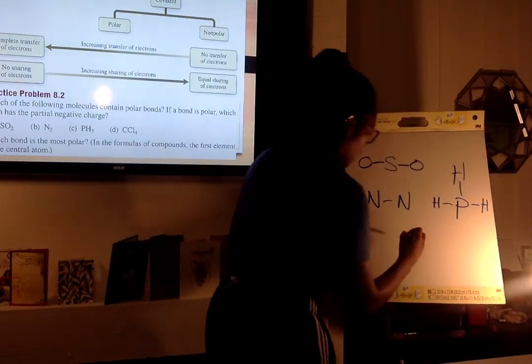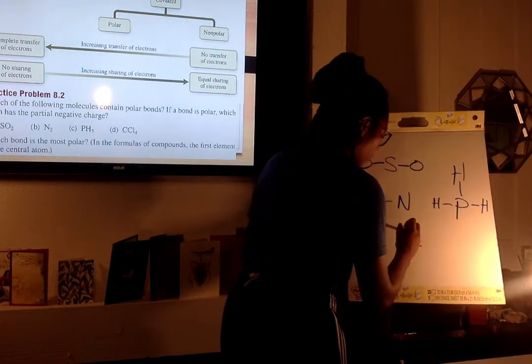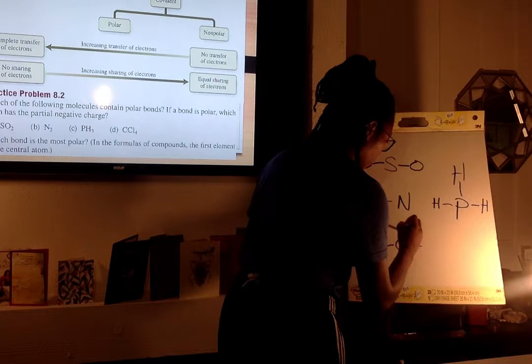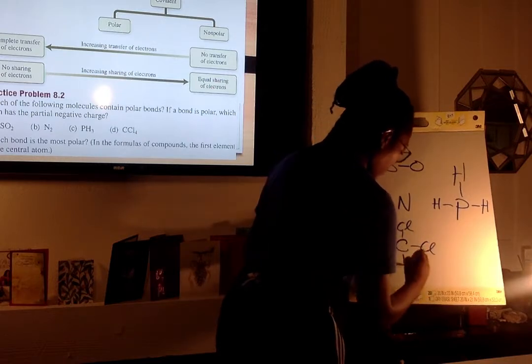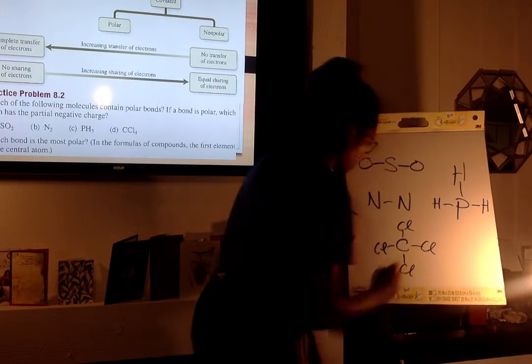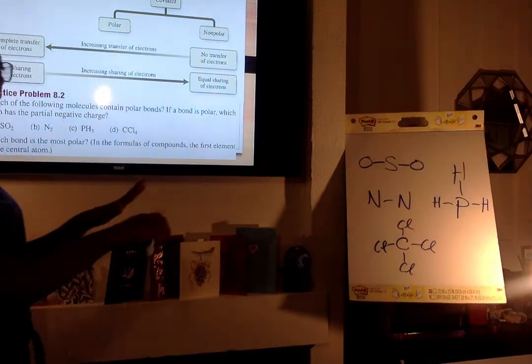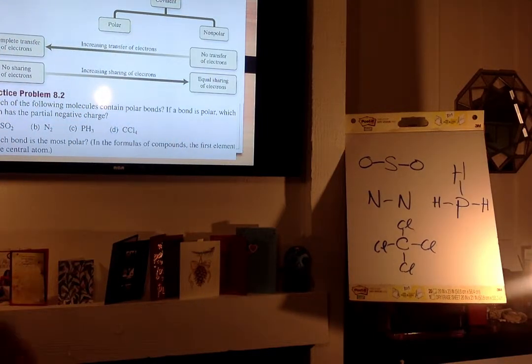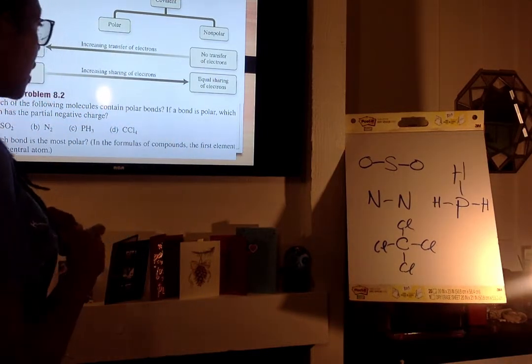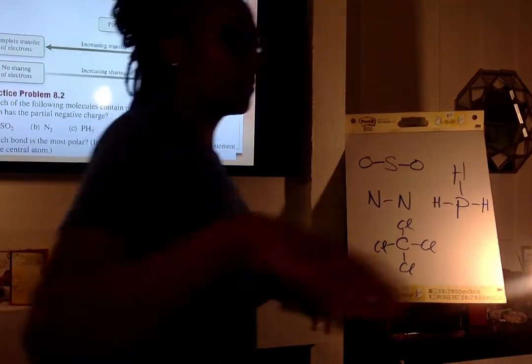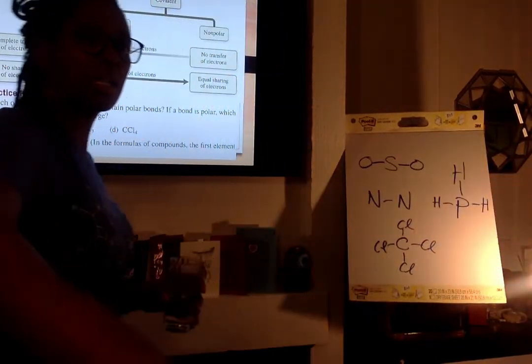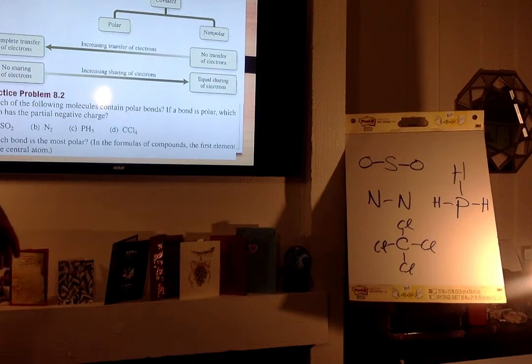So you're going to have carbon in the center, and then 4 chlorines surrounding it. These are just some basic structures, not fully done in terms of their full Lewis structures, but it's to help you understand how to differentiate between the polar and nonpolar covalent molecules.